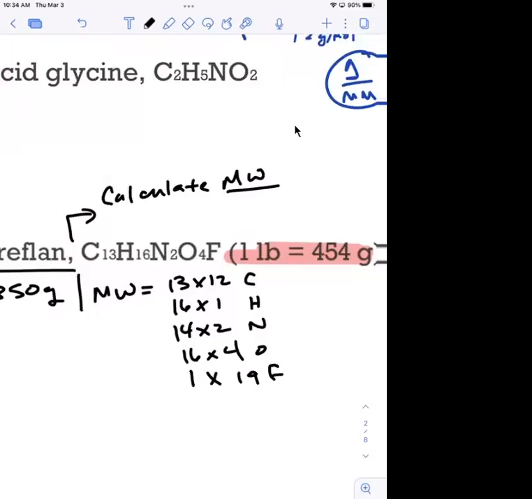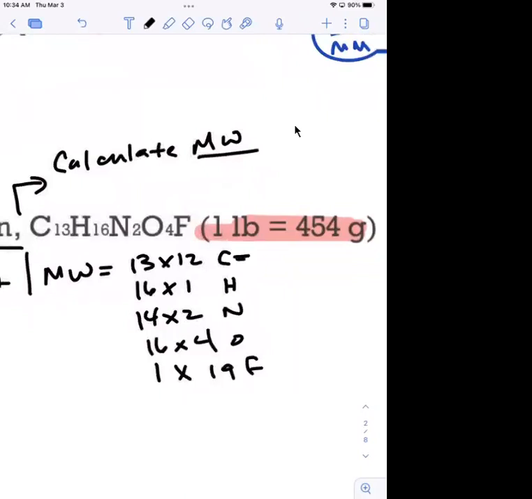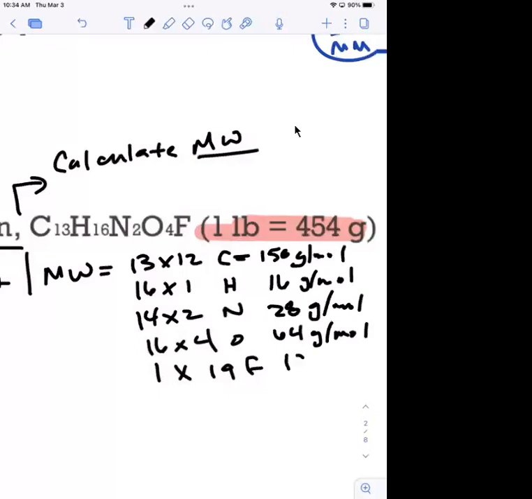You get the atomic masses straight off the periodic table, and all of these numbers are in grams per mole. So 156 grams per mole, and then 16 grams per mole, and 28 grams per mole, and then 64 grams per mole, and then 19 grams per mole.